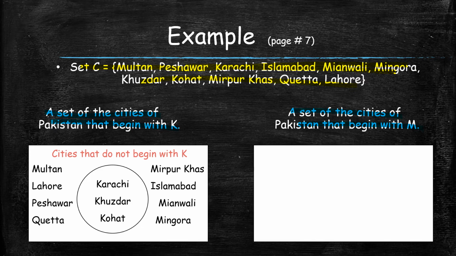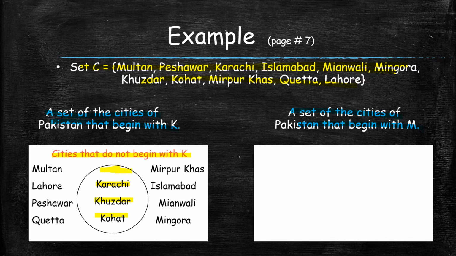So now in this circle we have written the city names that begin with K, and outside the circle we have written those cities that do not begin with K. Now this Venn diagram is showing the set of cities of Pakistan that begin with K. You can also write here 'cities that begin with letter K', so one can easily understand that this circle is showing the set of cities that begin with K.